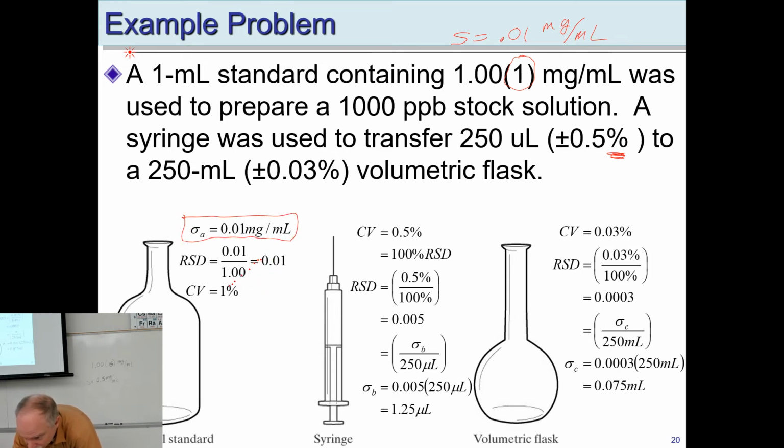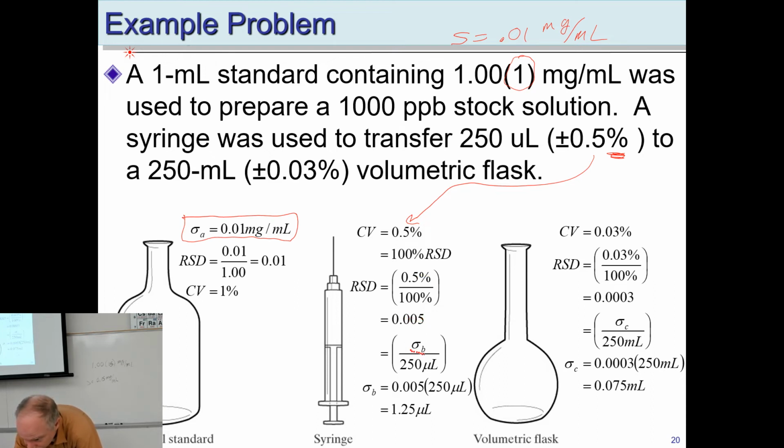We could calculate the RSD and the CV just for grins. For this one, we're given the CV, so this 0.5 goes right here. And so then the RSD is 0.5 over 100%, or 0.005.